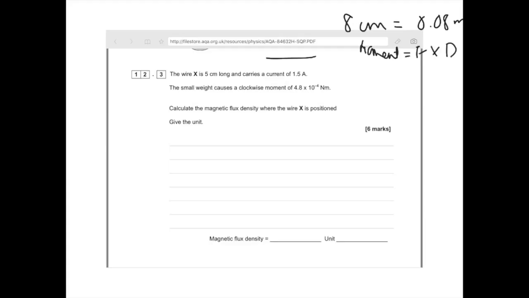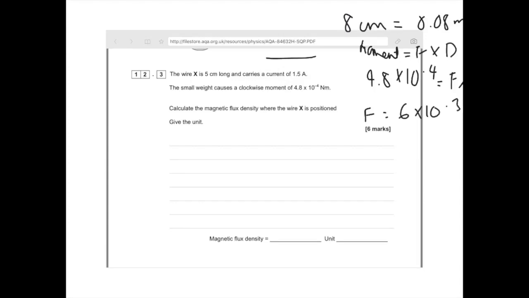We know the moment is 4.8 times 10 to the minus 4, so that equals F times 0.08, which I've just worked out. To find F, you're going to do 4.8 times 10 to the minus 4 divided by 0.08. And that gives a force which is 6 times 10 to the minus 3 newtons.